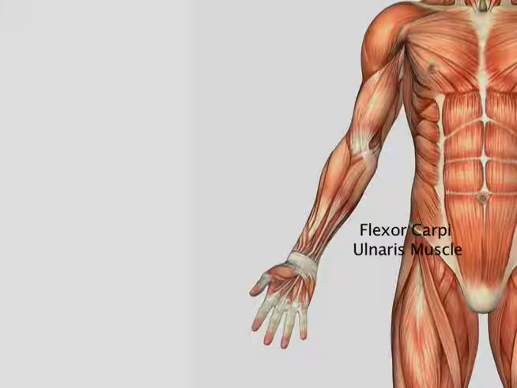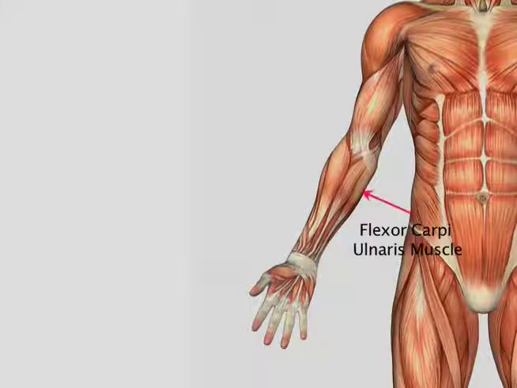As you can see in the diagram, it has two origins, one from the humerus medial epicondyle and another from the ulna.